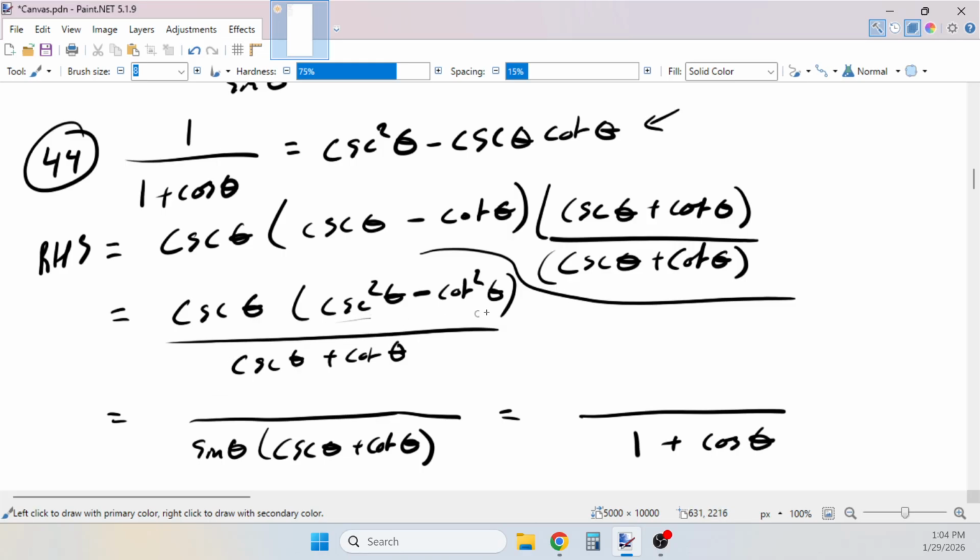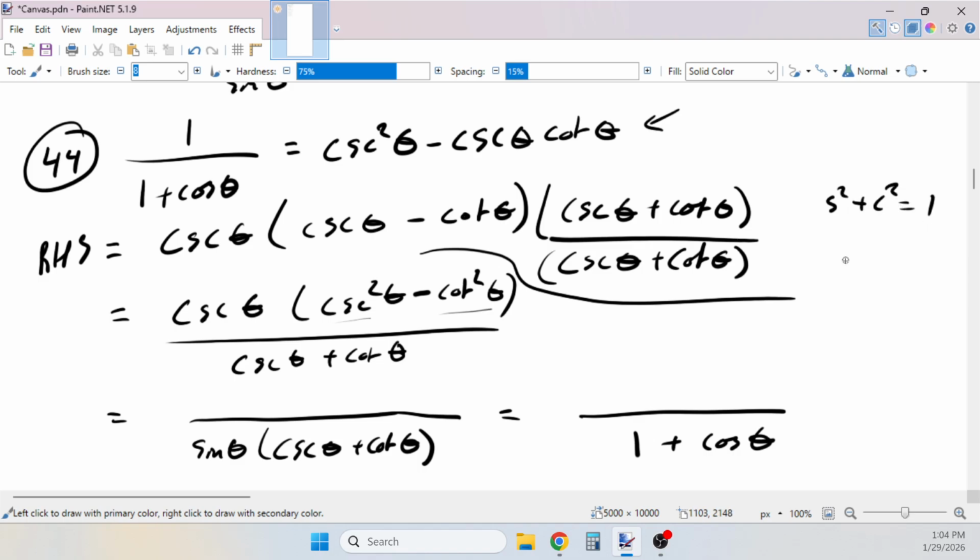On the top, let's see, cosecant squared minus cotangent squared. Probably Pythagorean. We start with sine squared plus cosine squared equals 1.